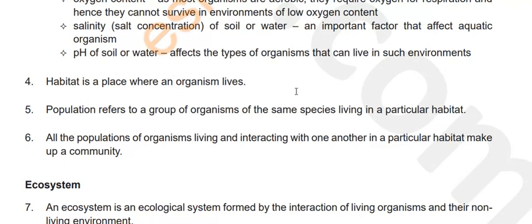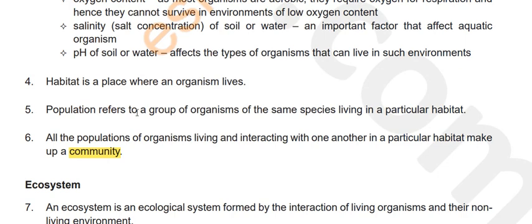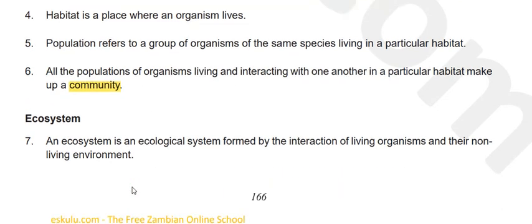A population refers to a group of organisms of the same species living in a particular habitat. All the populations of organisms form what is known as a community. We have talked about the community already. Now we go to the ecosystem.